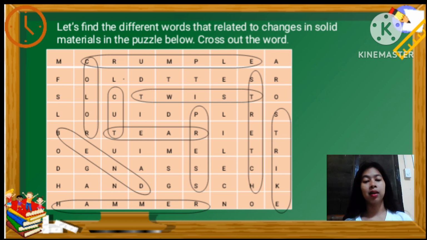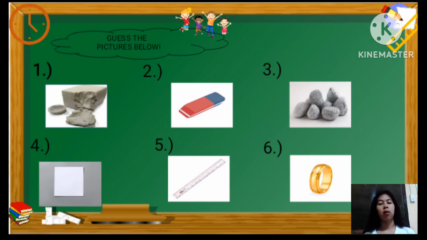Number 3, tear. Okay, that's right. Crumple, twist, stretch, cut, press, color, bend. Okay, those actions can alter the materials, which is solid materials.